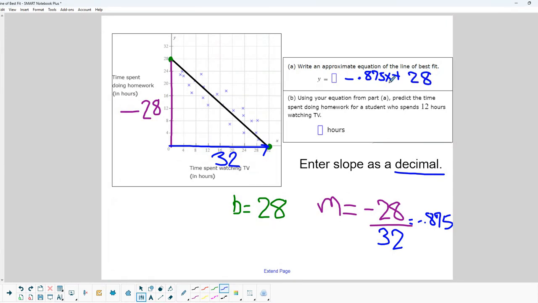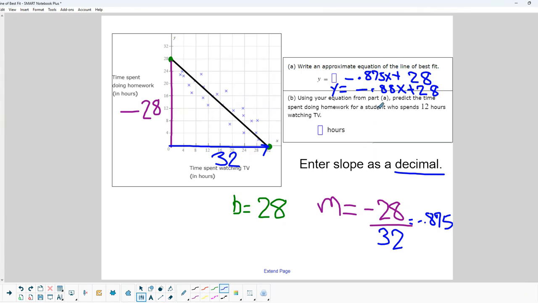Now, if you rounded this to negative 0.88x plus 28, Aleks probably wouldn't care. It'll still give you the correct answer, right? Just keep in mind that you have to have a decimal here, and if you can round it to the nearest tenth, or well, preferably hundredth, that would be great. Okay, so that's your equation, one of those.